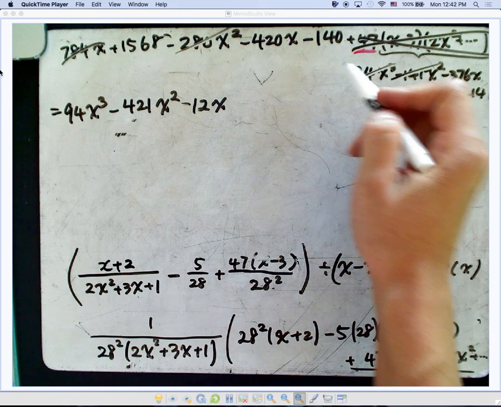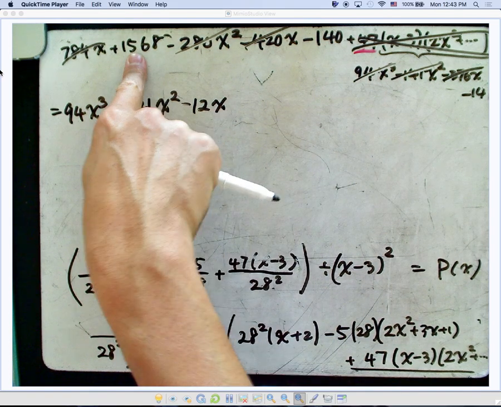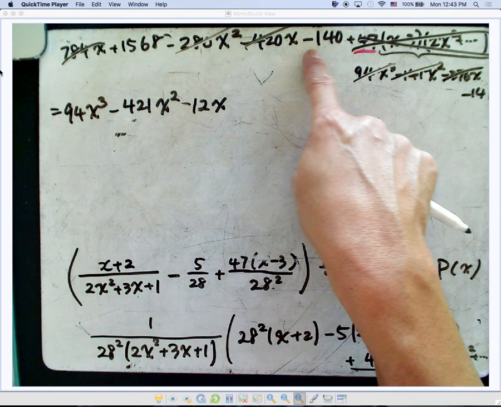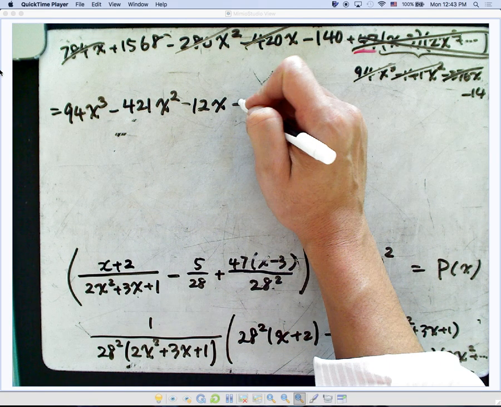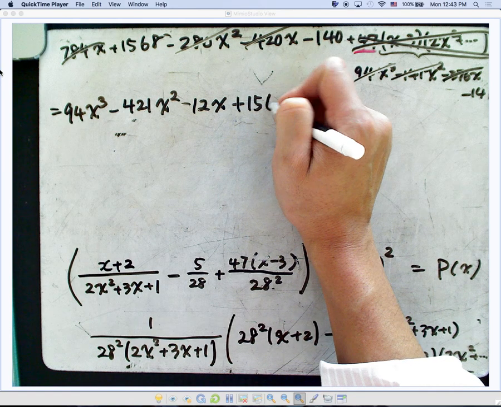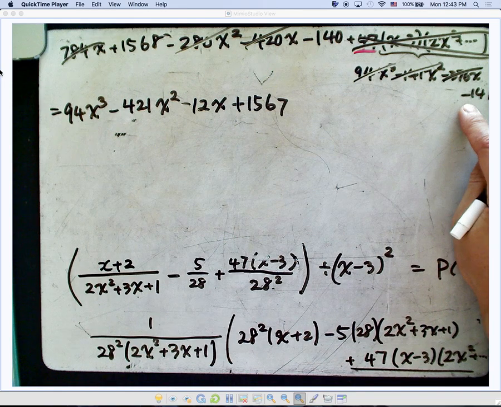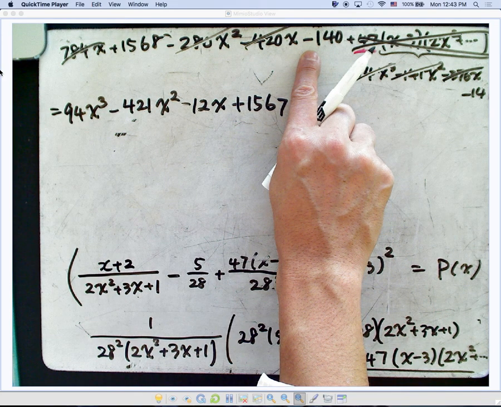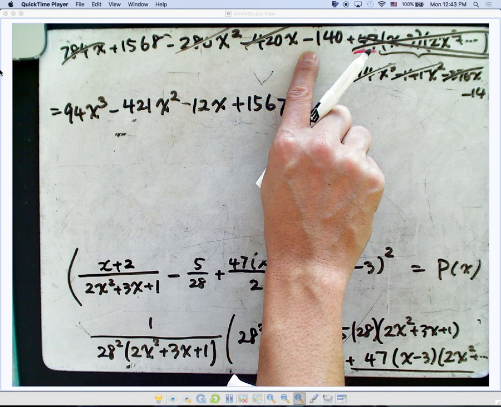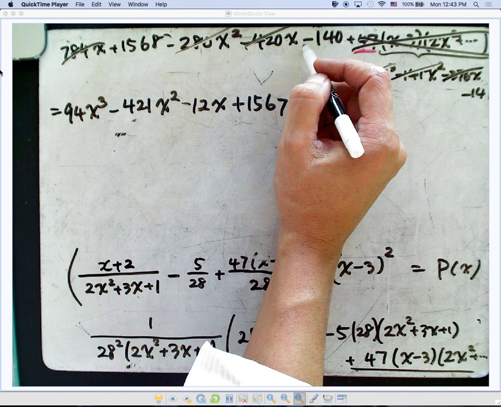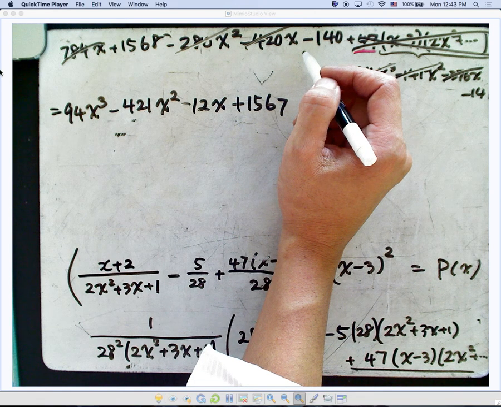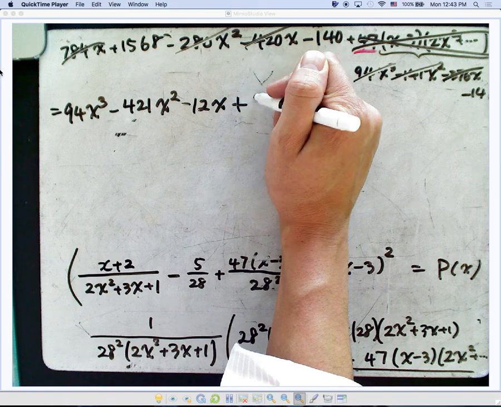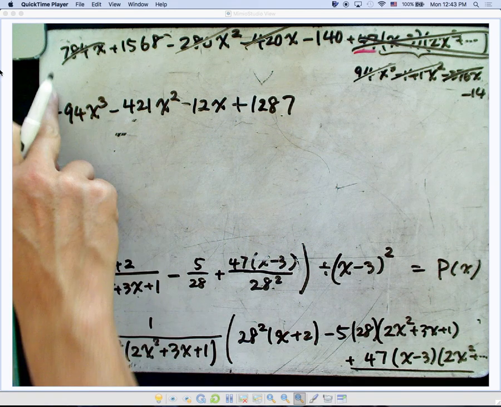The final part is 1,568 minus 140 minus 141. Let me check the signs again. It's right, and the total is 1,287. Sorry. So that's the numerator.